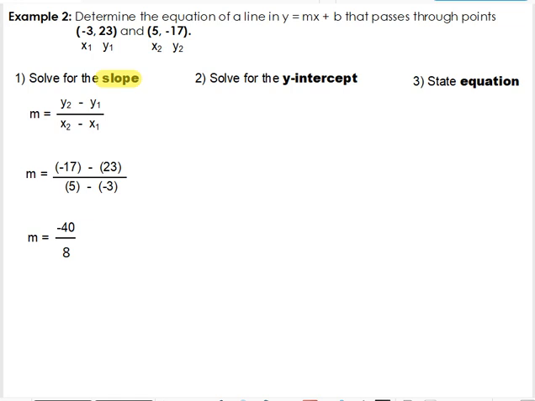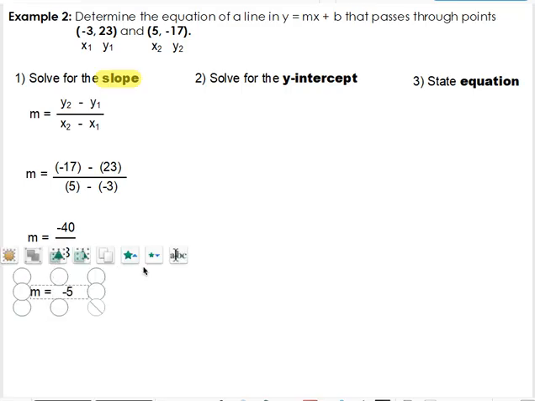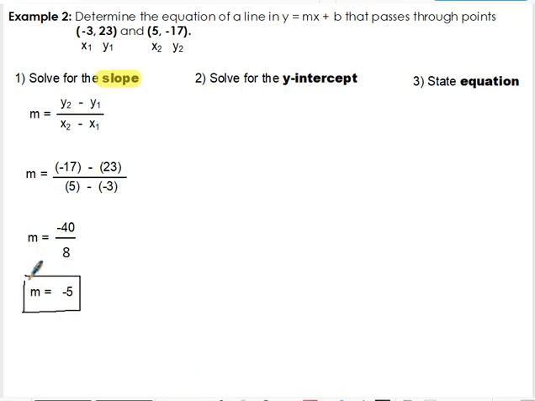In your calculator, you go -40 divided by 8, and you solve for the slope of -5. Is that -5? Yeah, -5. We'll put a box around that, because that is one crucial piece to our y equals mx plus b. It is the m part. Maybe I'll put an m here.